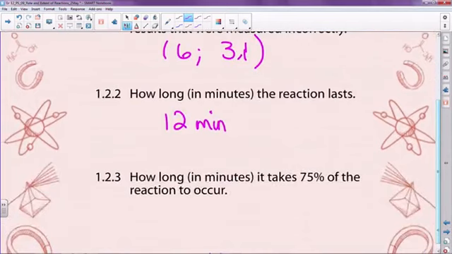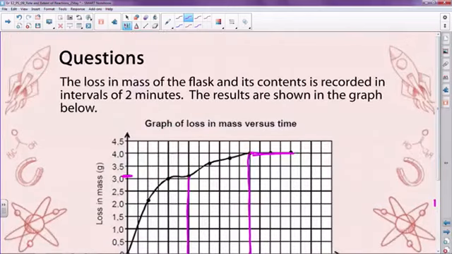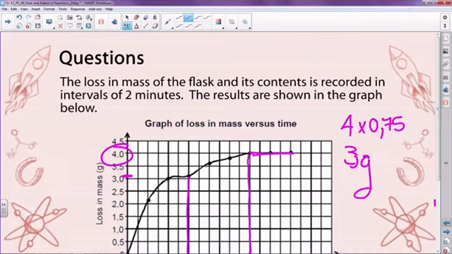And then how long in minutes does it take for 75% of the reaction to occur? Now we've got to look back and we go, okay, well, we lost 4 grams. That means we take our calculators and we go 4 grams times 0.75 or 75 over 100, because we want 75%. That's 3. So now we say to ourselves, well, where did it get to 3 grams?